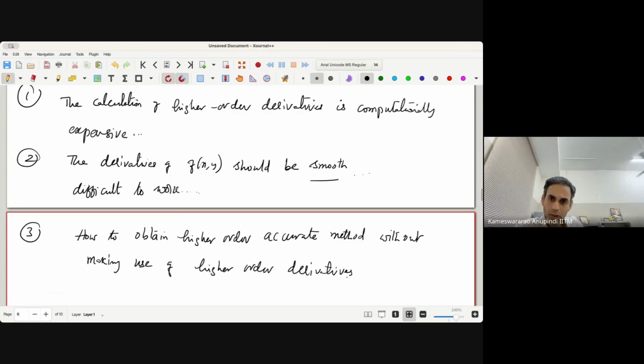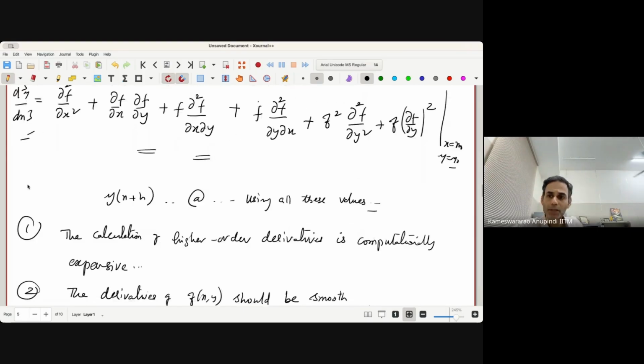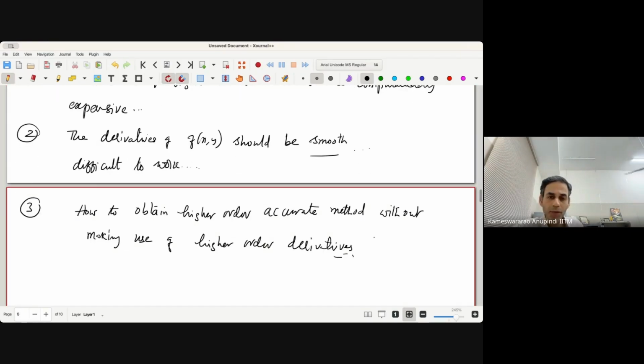Right now, we have used higher order derivatives, that is d cube y by dx cube, d square y by dx square, and so on, and then calculated y of x plus h to a higher order accuracy. But we will see methods called multi-step methods, in which we don't have to calculate higher order derivatives to obtain a higher order accurate method. That comes up later.